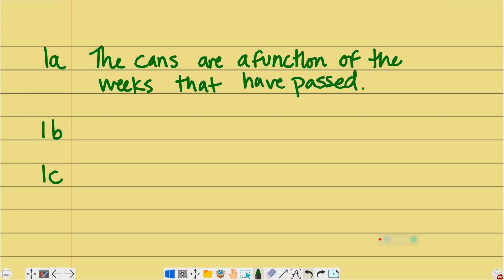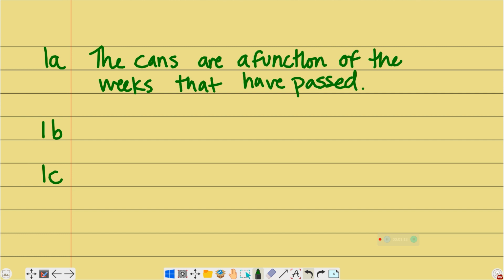Part B says to write a linear equation that describes the total number of cans being handed out, y, in terms of the number of weeks, which is x. So I always assume that it's not proportional, just so that I don't make any mistakes. What we are going to do is find the difference in the y values.